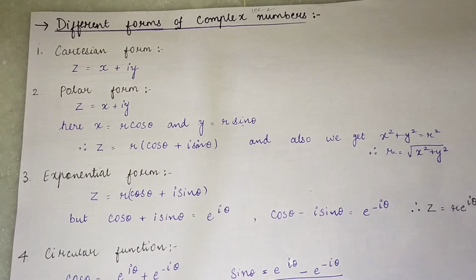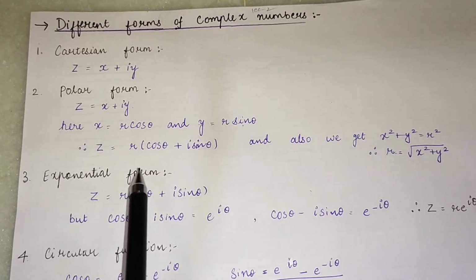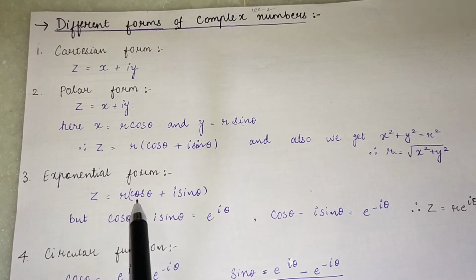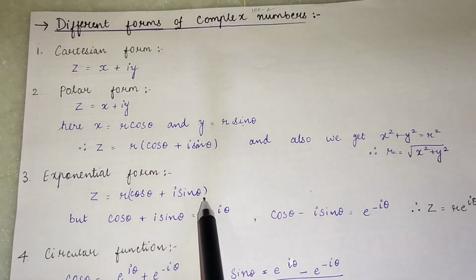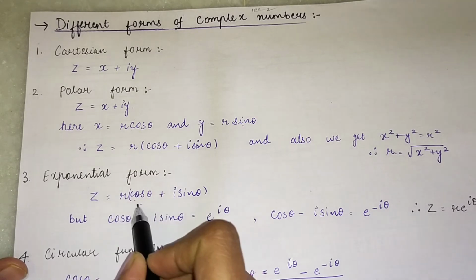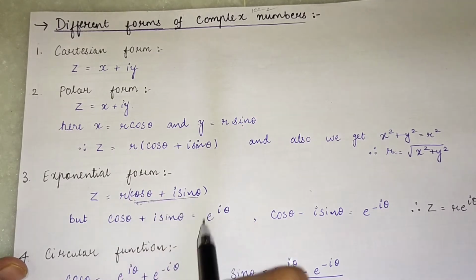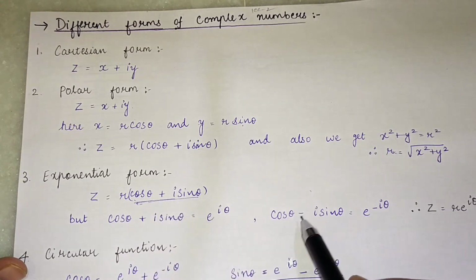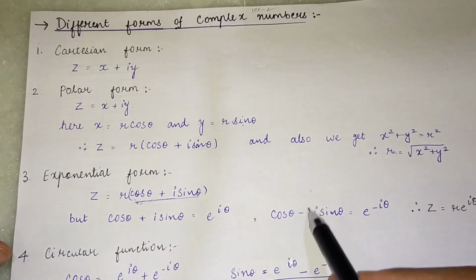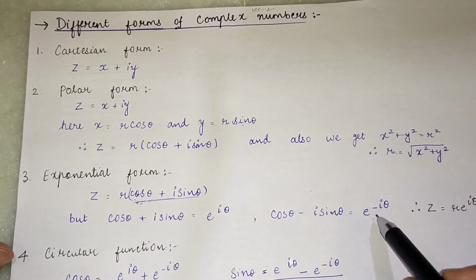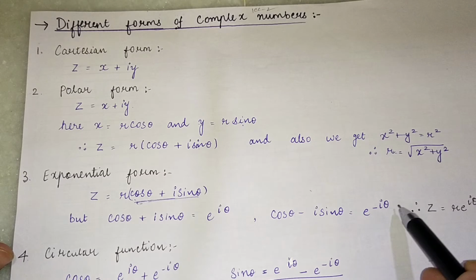Now the third form of a complex number is the exponential form. Here z is equal to r(cos theta plus i sin theta), but this term cos theta plus i sin theta is equivalent to e raised to i theta. If the minus sign is there, cos theta minus i sin theta, then it is equivalent to e raised to minus i theta.